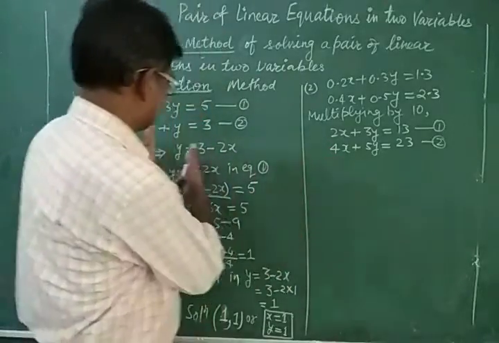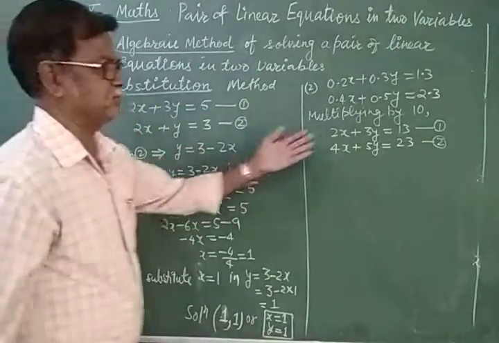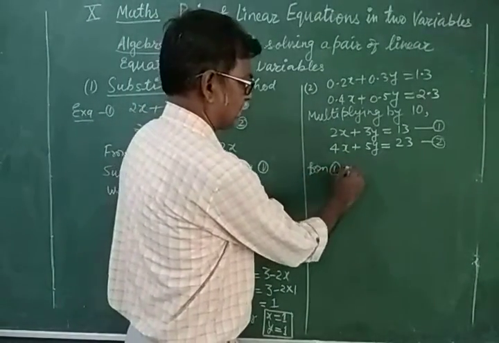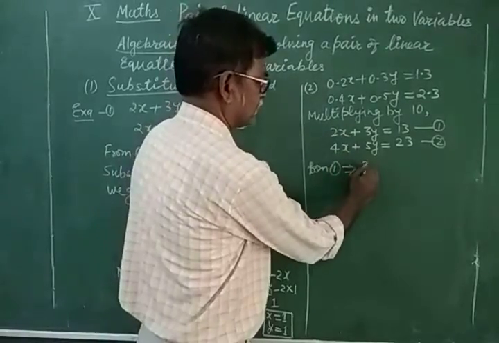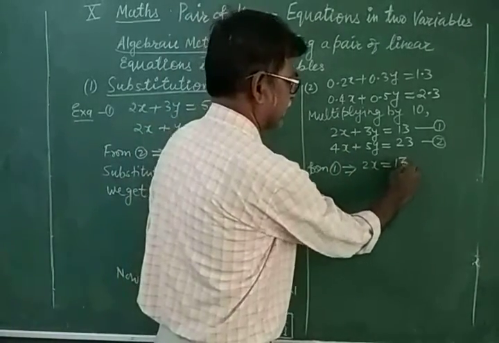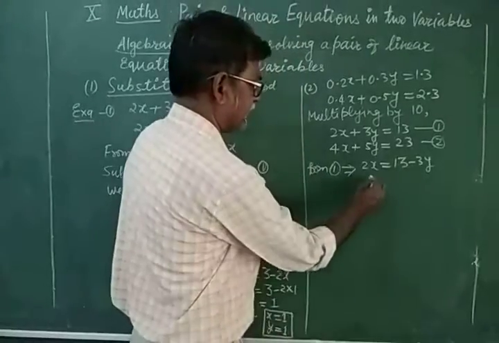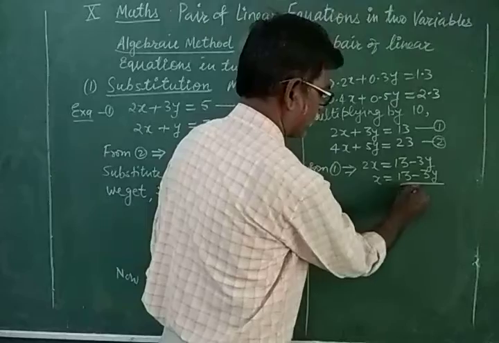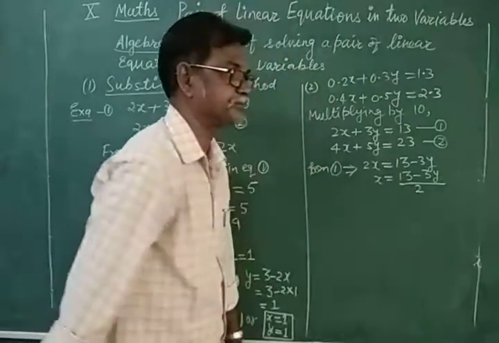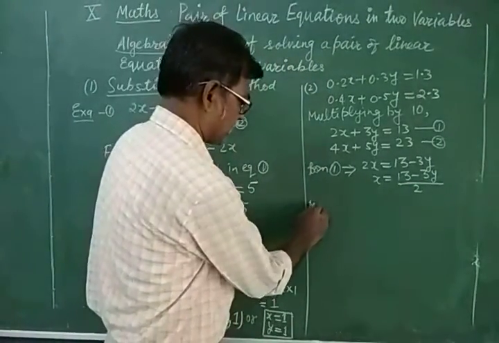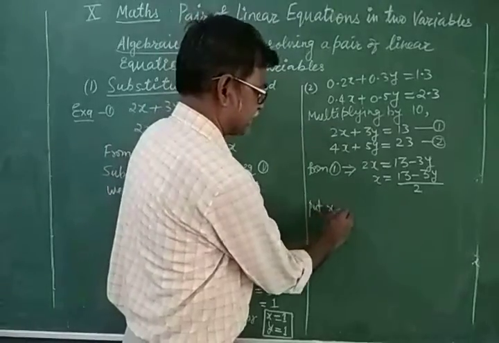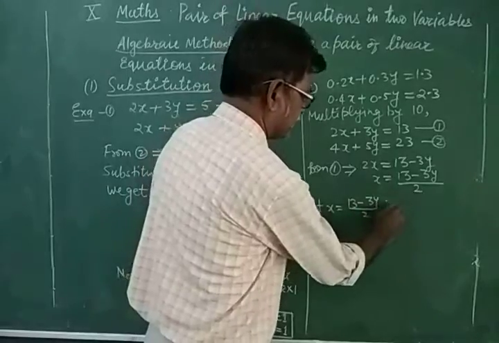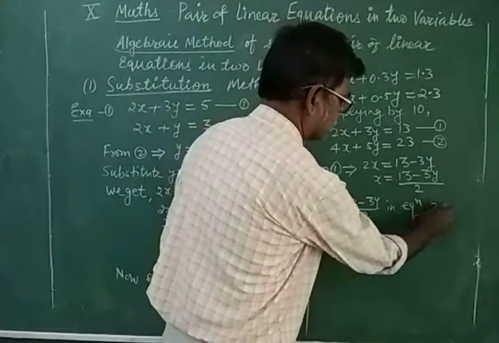Now, like before, y is equal to 3 minus 2x, we will not get. So from 1 we get 2x is equal to 13 minus 3y, and x is equal to 13 minus 3y upon 2. Now substitute x is equal to 13 minus 3y by 2 in equation 2.